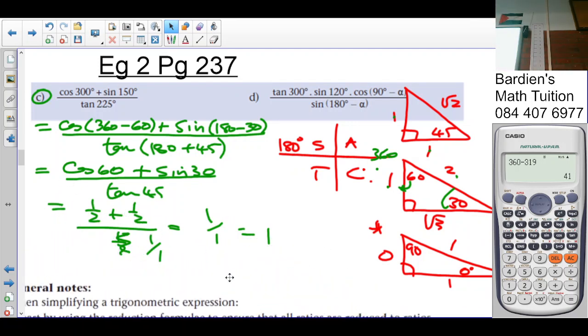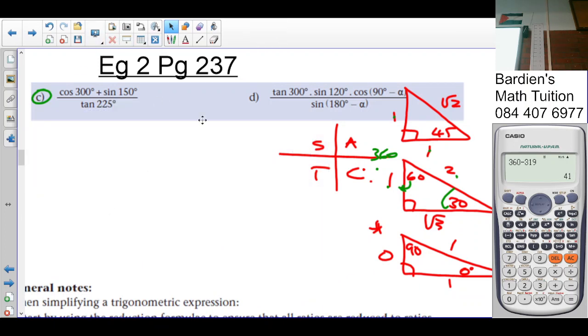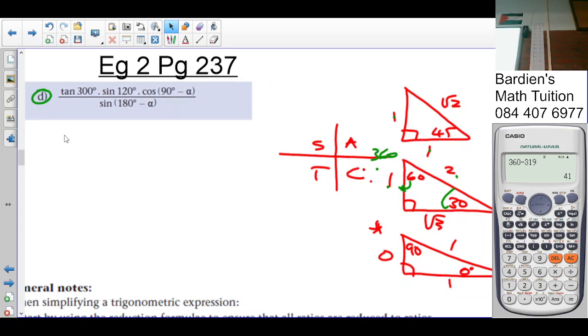Let's do the last question quickly. D. So 300, fourth quadrant, 360 minus 60.